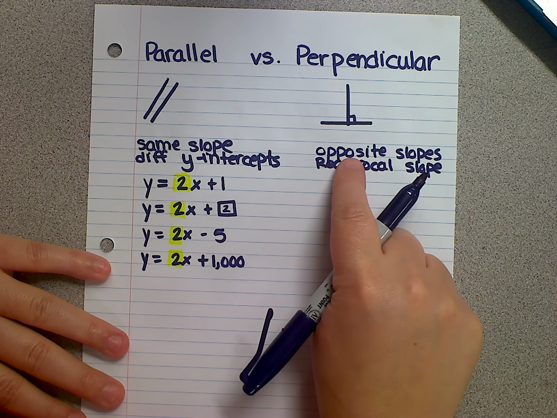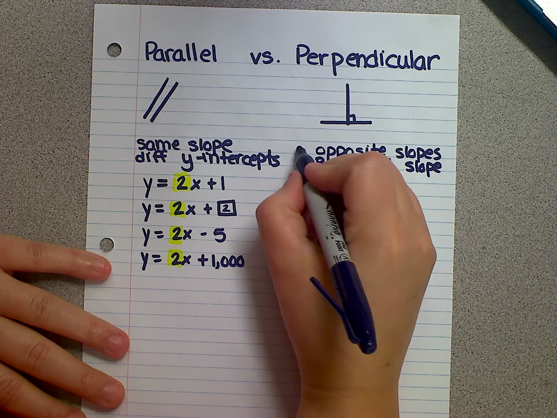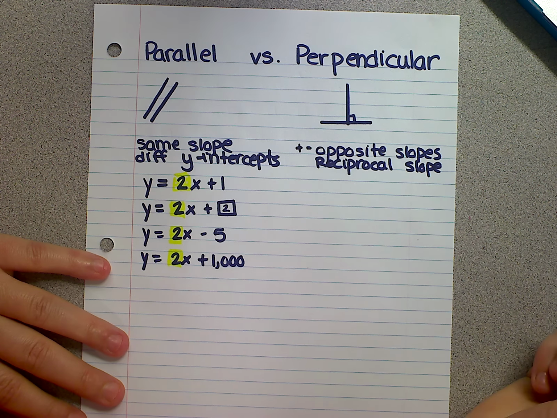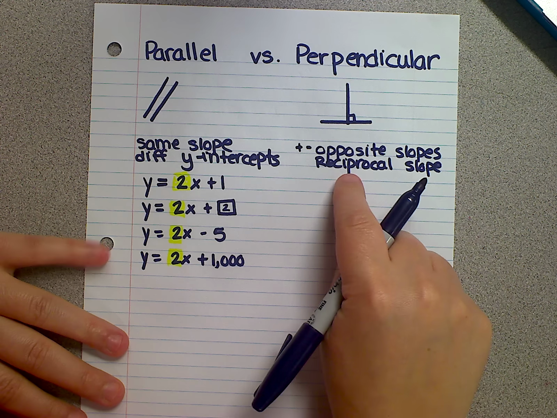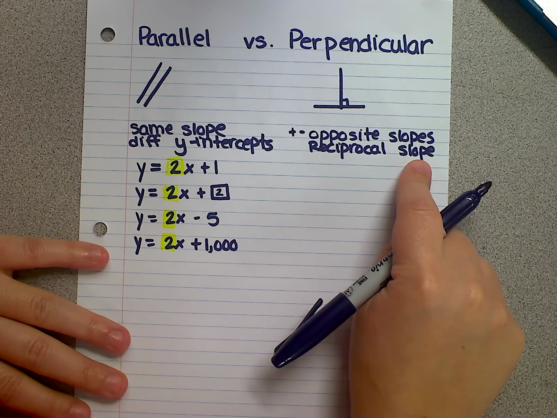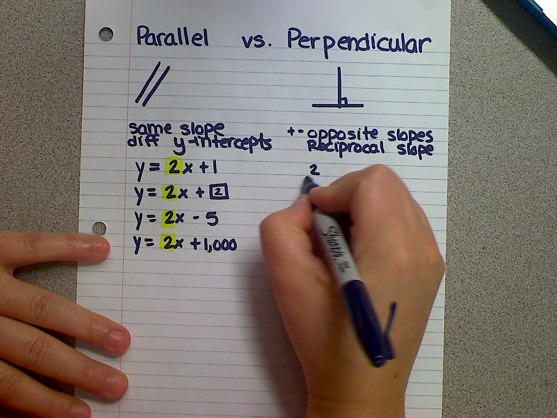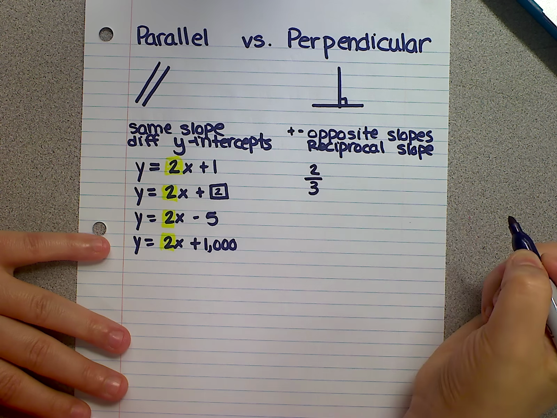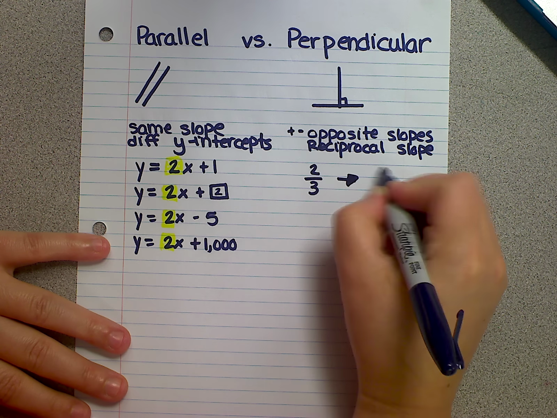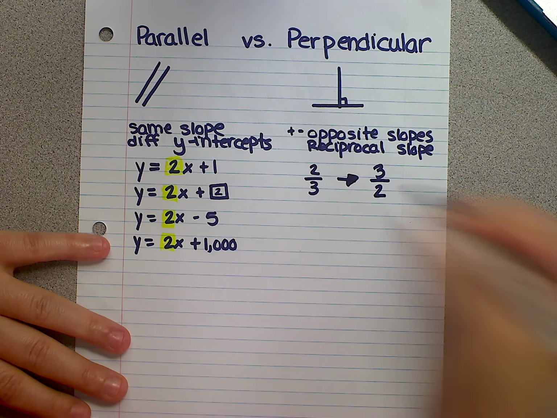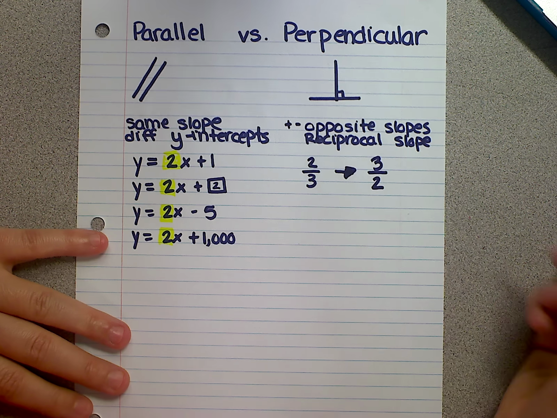Well, we know what opposite means. Opposite means if one is plus, the other must be negative. Reciprocal, however, if you're not sure what that means, I'll show you really quickly. If I had the fraction 2/3, the reciprocal would be 3/2. It's just flipped.